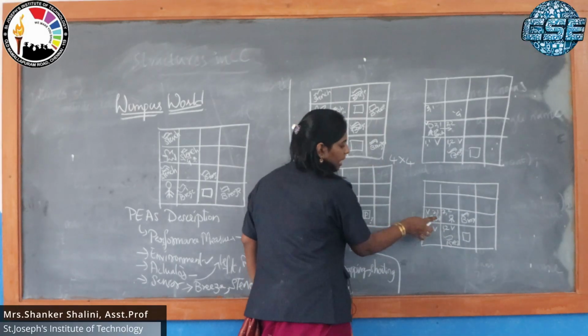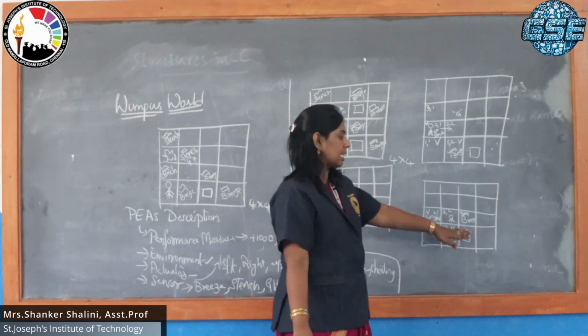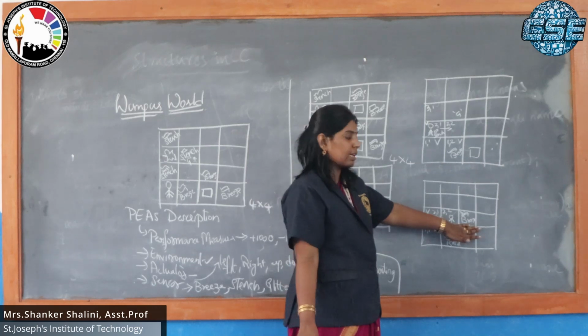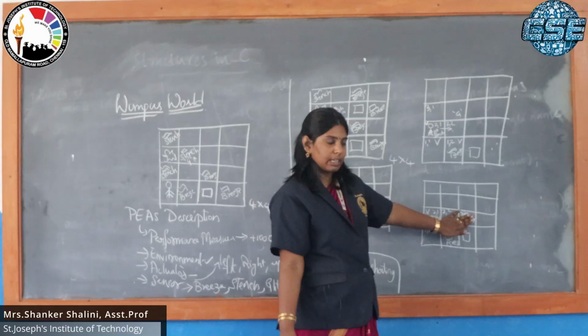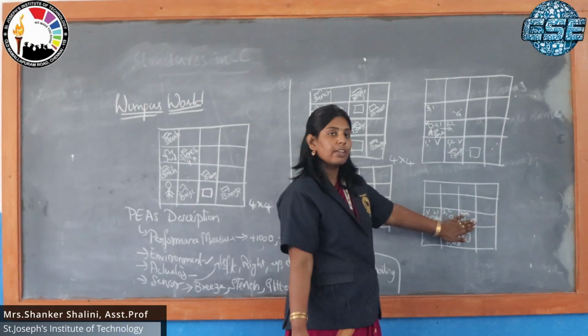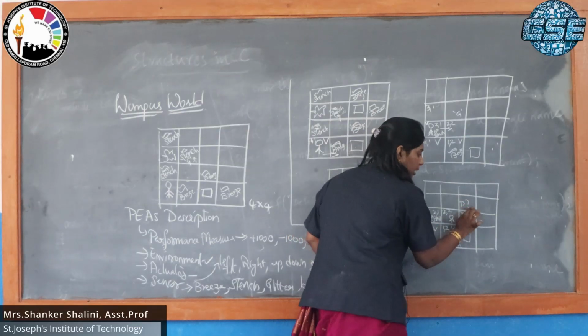If the agent moves to (2,3), it has a sensor. The agent has a sensor of breeze. If the agent senses a breeze, then there is a possibility of a pit here or here.